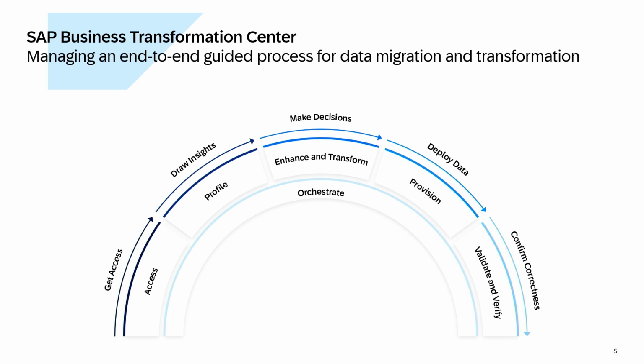At the end of a deployment or migration, we always have the phase to confirm correctness. So you have to ensure that the data is correct in the system and also complete. And overall, you always somehow need an orchestration layer which guides you through all these steps.